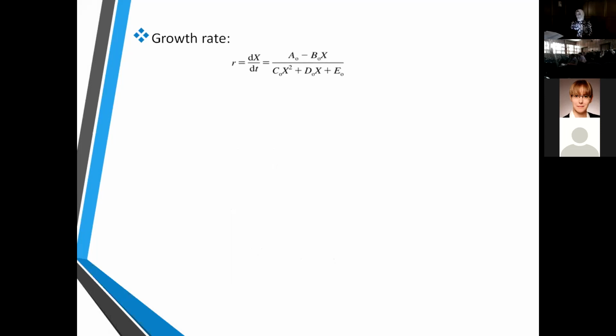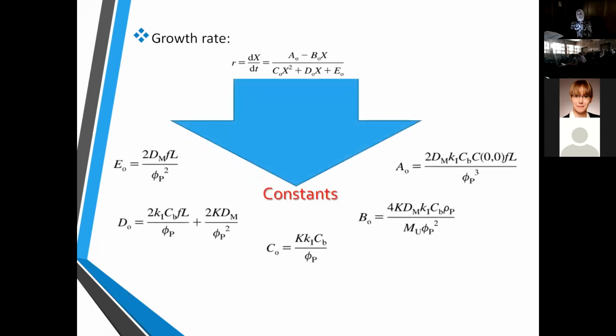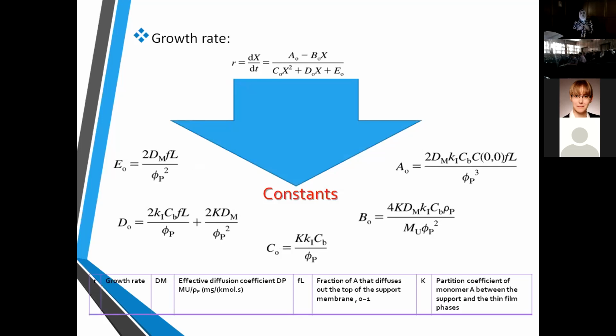A0, B0, C0, D0, and E0 are constants and can also be calculated by this equation, in which Dm is the effective diffusion coefficient, Ki is the constant, Cp is the concentration of monomer B, C0 is the initial concentration of monomer A, and Fl is the fraction of A that diffuses out the top of the support membrane and takes a range from 0 to 1.